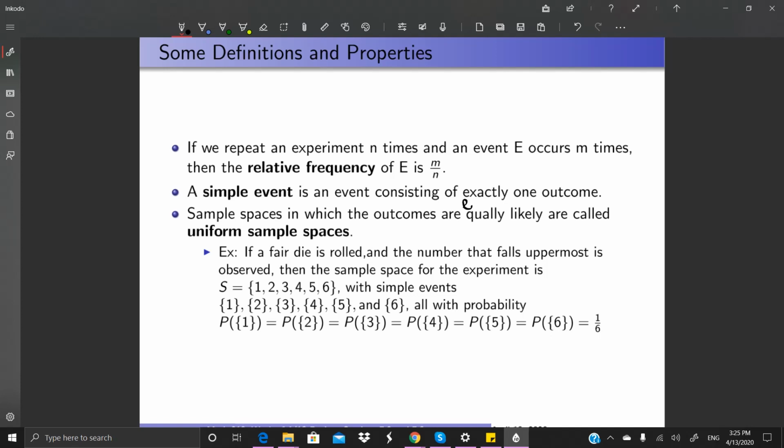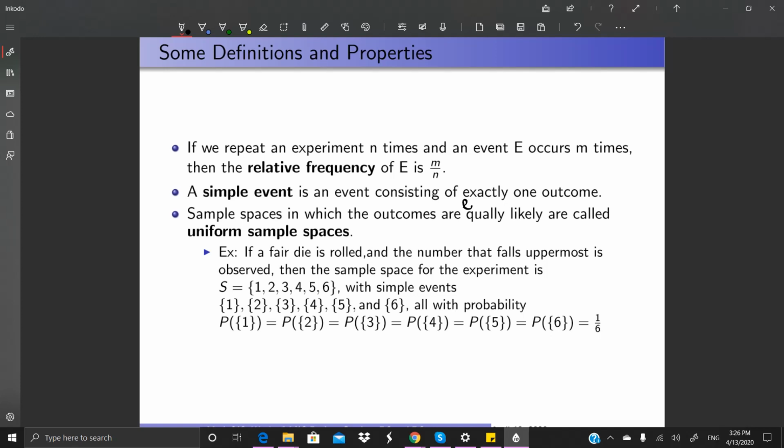All right, so then the simple events for this sample space are the subsets of S which only contain one element. That will be the set containing just the element 1, and the set containing just the element 2, and so on all the way through the set containing only 6.